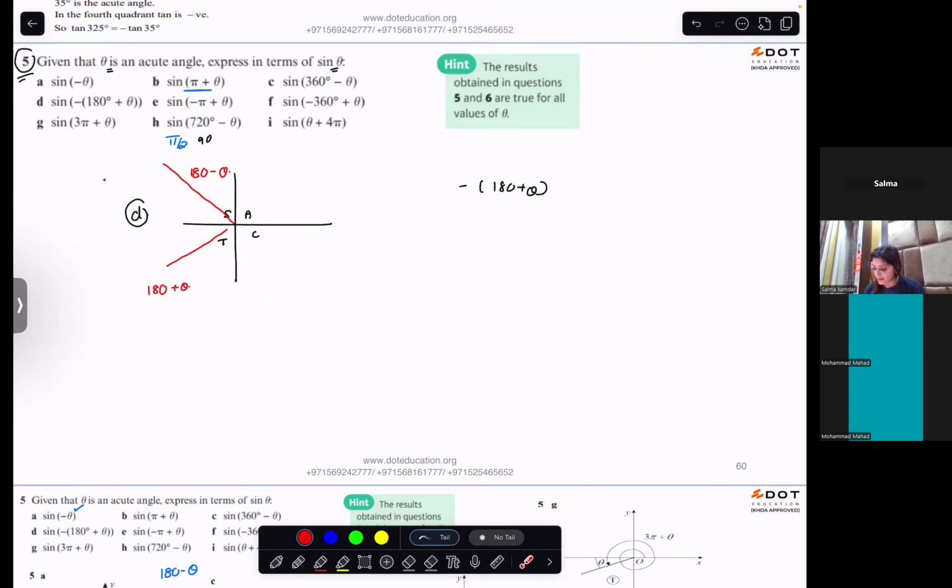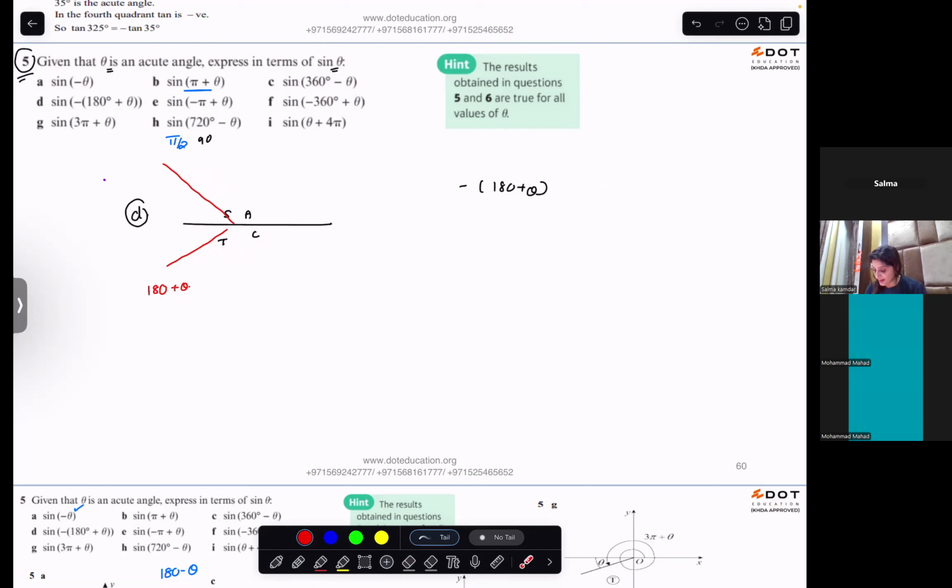So it is going to be 180 plus theta. This is 180 minus theta for my clockwise.